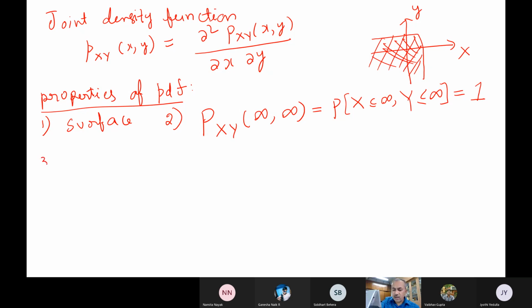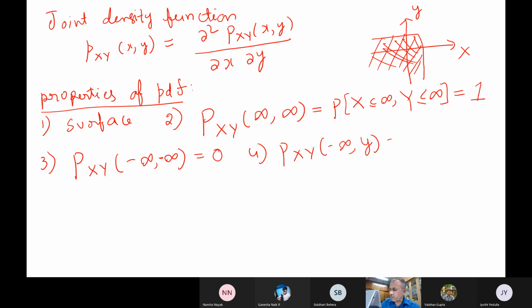Now similarly, what is capital Pxy at minus infinity comma minus infinity? Everything is minus infinity, so it will be 0. Then what will be Pxy at minus infinity comma y?